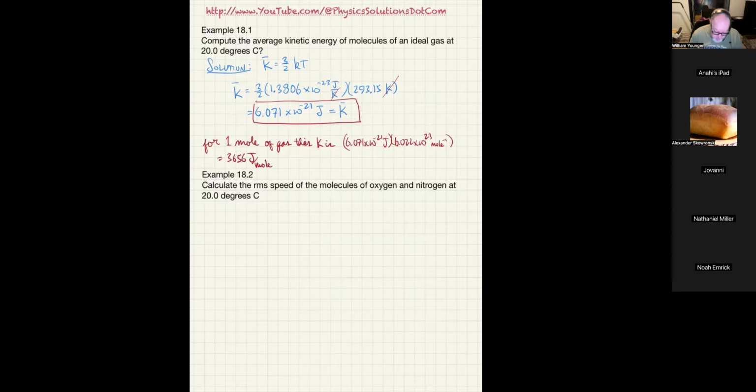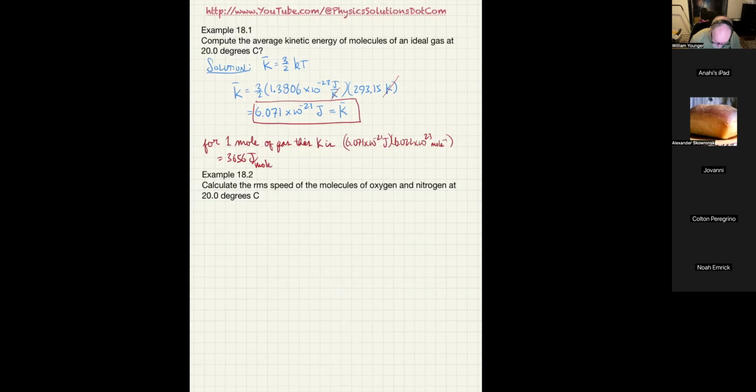Now, if you thought about the kinetic energy associated with 1 mole of this gas, and you considered giving a 1 kilogram object this much kinetic energy, it would actually be traveling around 85.4 meters per second.